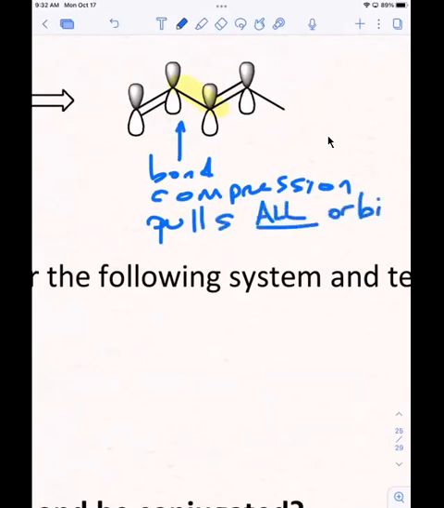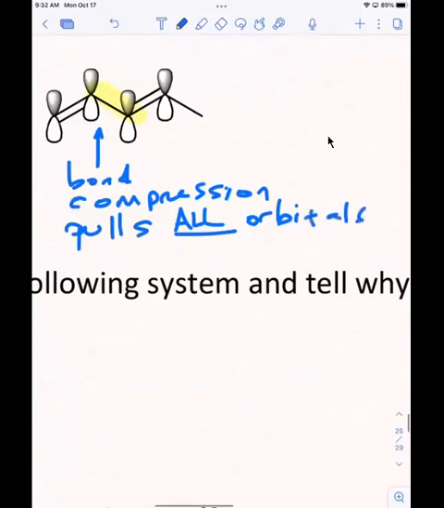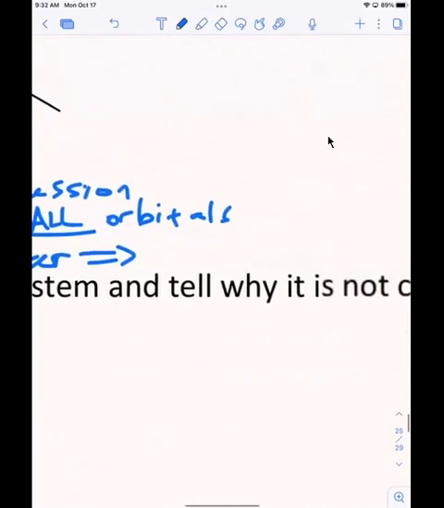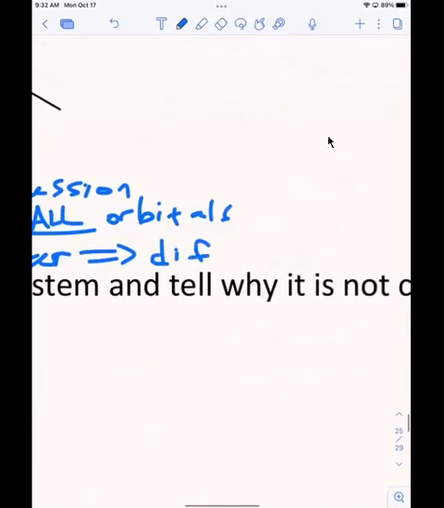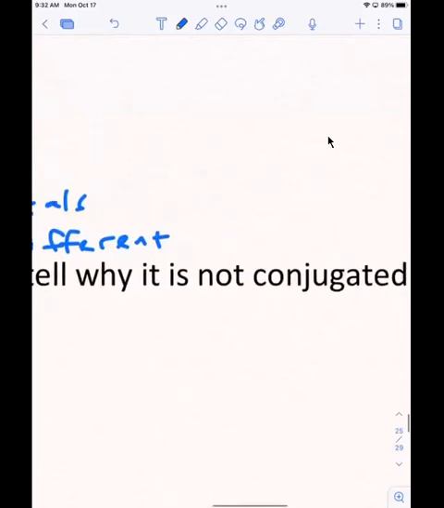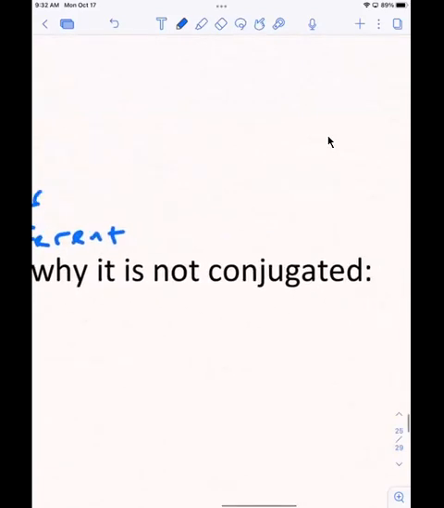So it pulls all the orbitals closer to one another. So conjugated systems have a different chemical behavior than their non-conjugated counterparts.